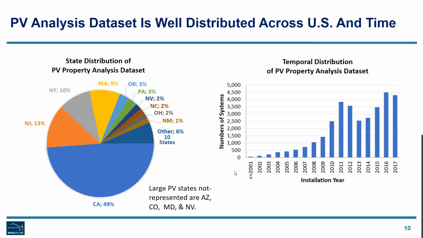Now, in terms of the temporal distribution of these installations, you can see that on the figure on the right. Roughly 75% of the installations occur from 2011 to 2017. In fact, 2016 and 2017 see the highest numbers of installations over time that we've seen in our study period.